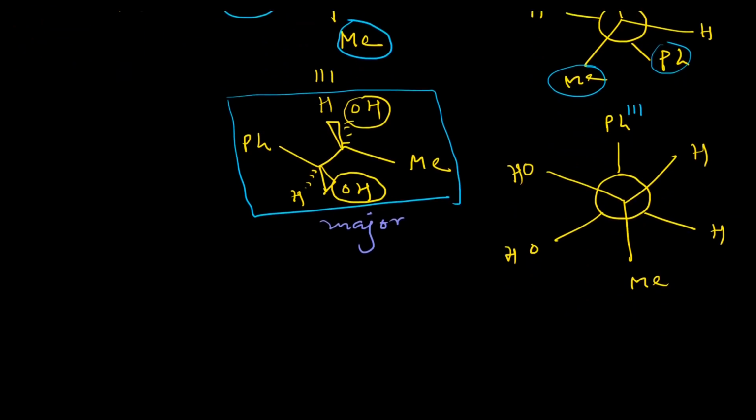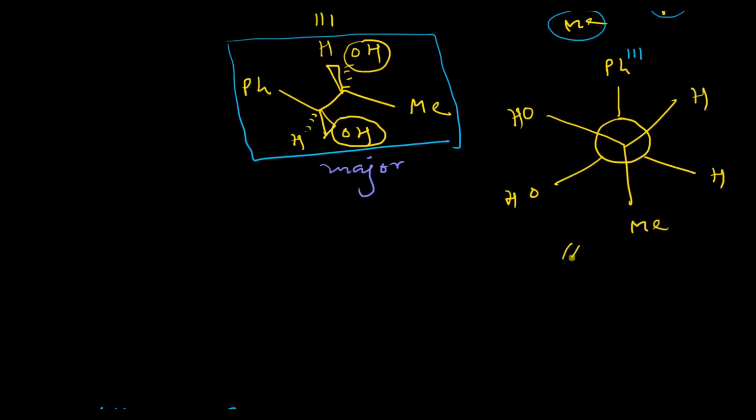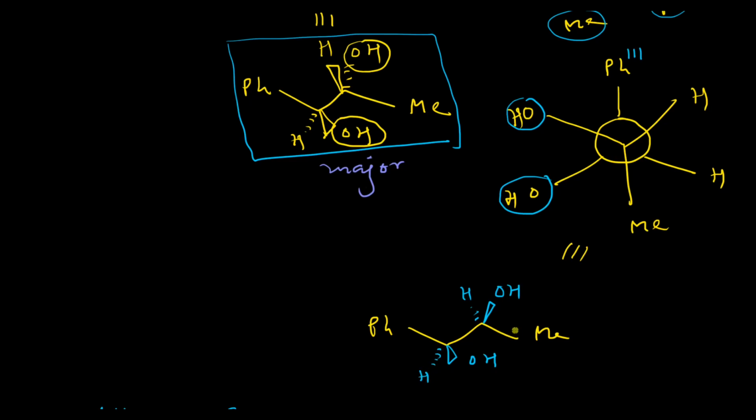And if we now convert it into the corresponding flying wedge formula, then it will look like this. This OH group and this OH group are now both above the plane. So it will look like this. So this will be our minor product.